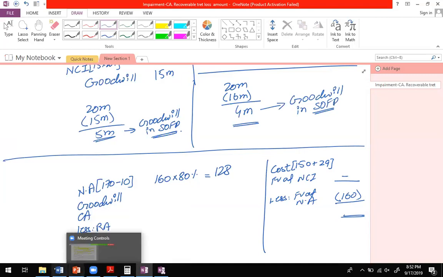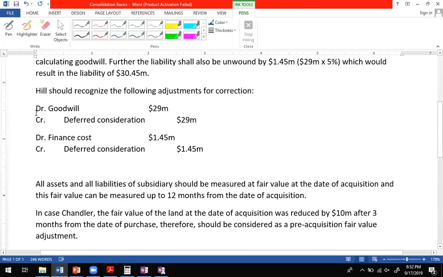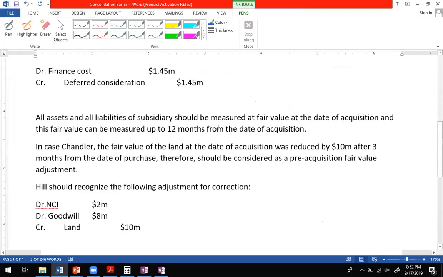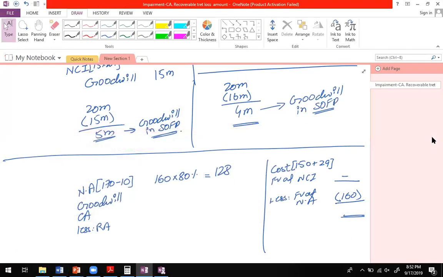This value of 29 should be taken to the goodwill calculation in the cost along with the cash consideration. So this is going to be 179.